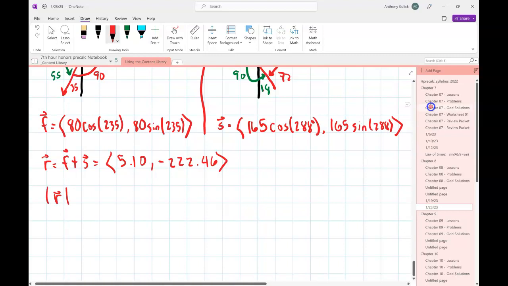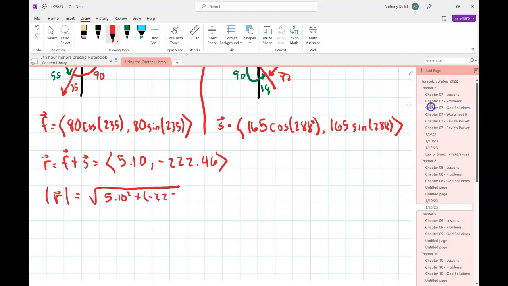So to get the magnitude of that vector, its length, we do that.